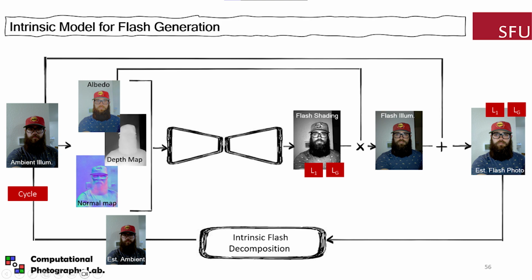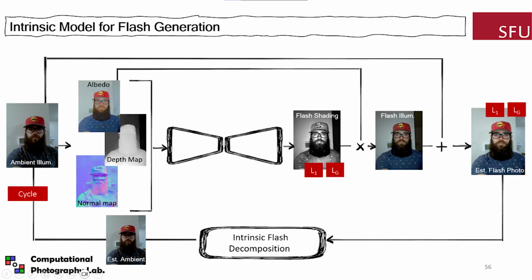We supervise our networks by L1 and multi-scale gradient loss functions. We add cycle consistency loss here. The generation is the more complex task, and we see that training the generation and decomposition together does not improve our decomposition performance.